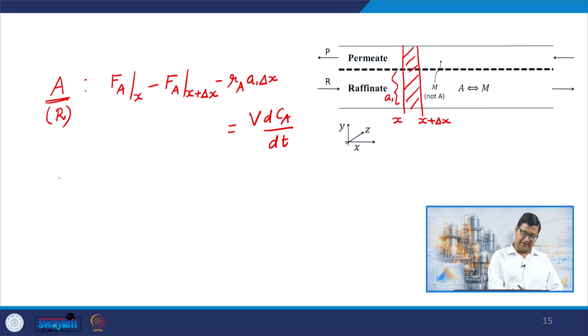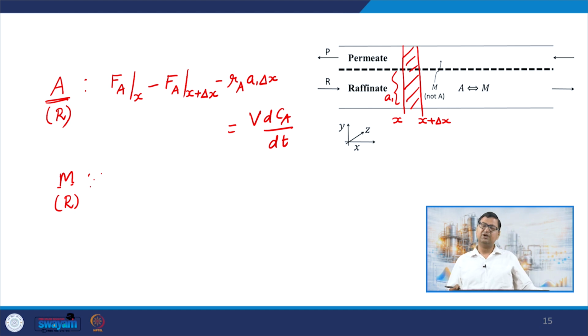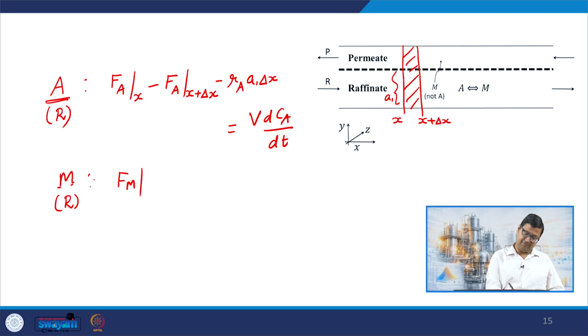And then I can also write it for M in the raffinate phase. A was not going out from raffinate to permeate, but for this case we will have Fm coming in, Fm leaving at x plus delta x, and then we have production of M in the reaction.